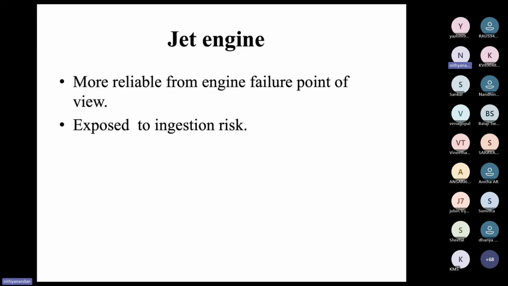Ingestion means entry of foreign bodies into the engine. Foreign bodies means birds or flying objects can enter the engine because the front portion of the engine is open. So any bird or other foreign body can enter the engine easily. That is the risk of the jet engine.